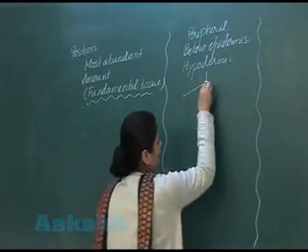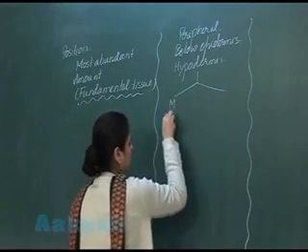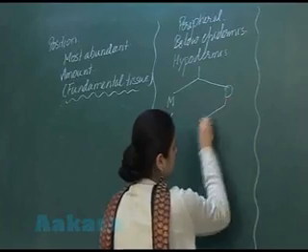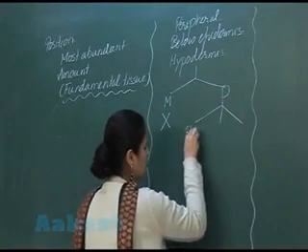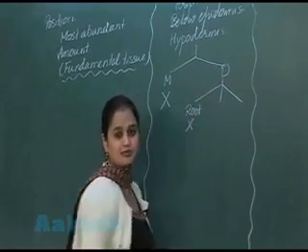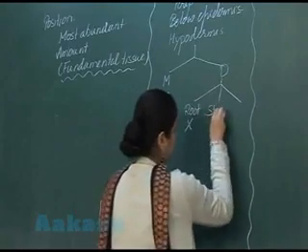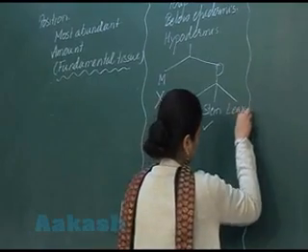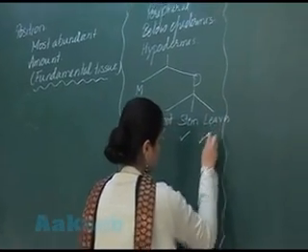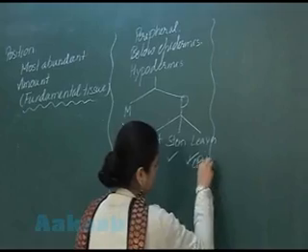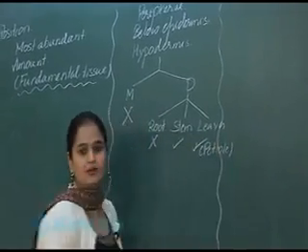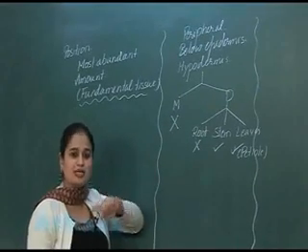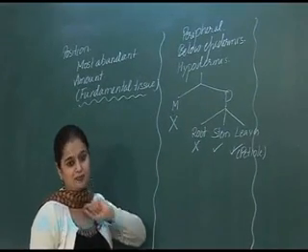Now this collenchyma is totally absent in monocots. In dicots, in the roots, it is totally absent. In the stem, hypodermis may be present, and in the leaves, it is present in the petiole. So in monocots and roots, we can say the collenchyma is totally absent.